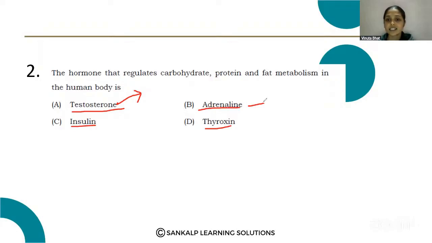Adrenaline is released by the adrenal gland and helps to face the situation. Insulin is helpful for the maintenance of the blood sugar level. So the correct answer is option D, thyroxine.